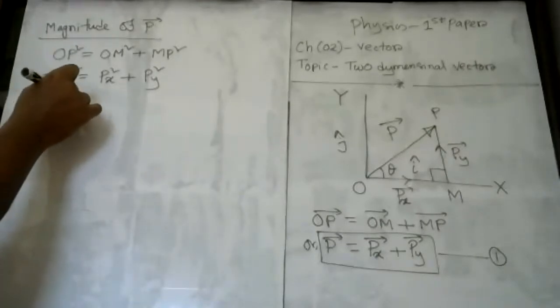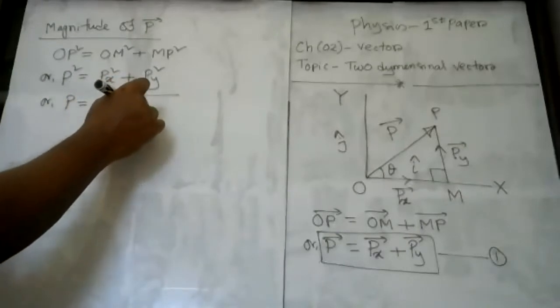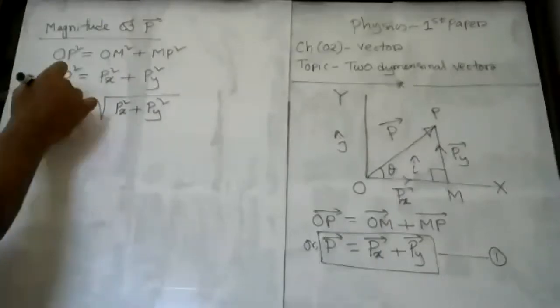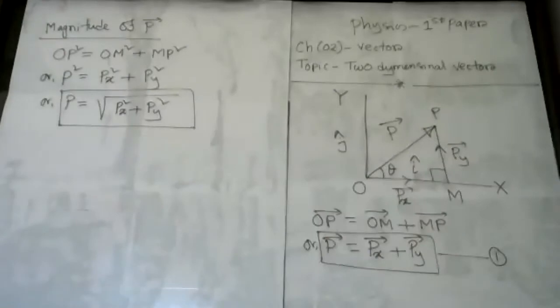So P will equal root over Px square plus Py square. This is the magnitude of a two-dimensional vector.